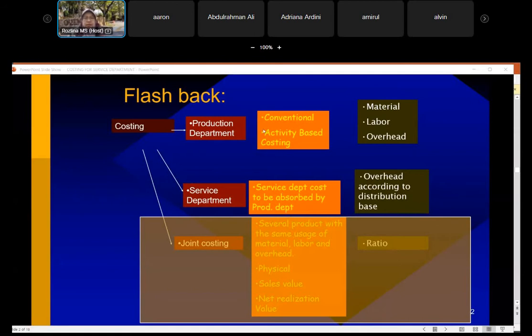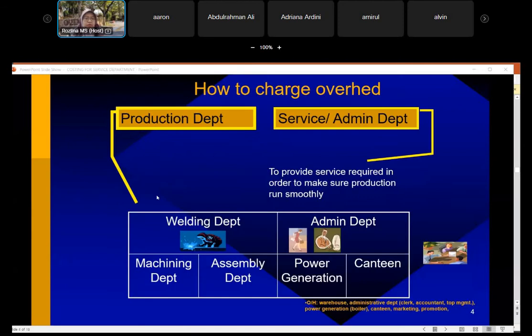Before this, in the production department, they also have the overhead. Then the overhead is absorbed by the production department. But now it is from the service department that will be absorbed by the production department. So overhead according to the distribution phase. Okay, this is the explanation.